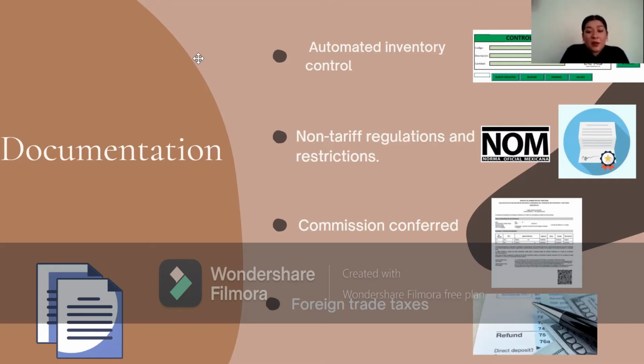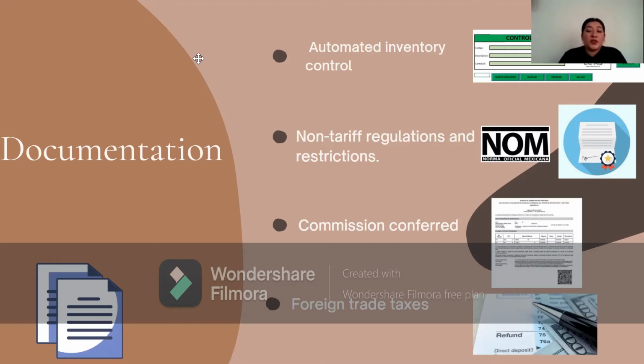Okay, then we have the commission conferred. The commission conferred is going to be registered in the General Customs Administration, that is the AGA. And this is the document that will help us to prove that we granted the assignment, or that we gave the permission to the customs broker to do our import procedure.